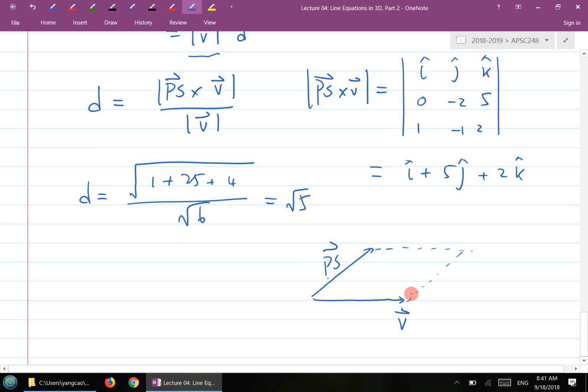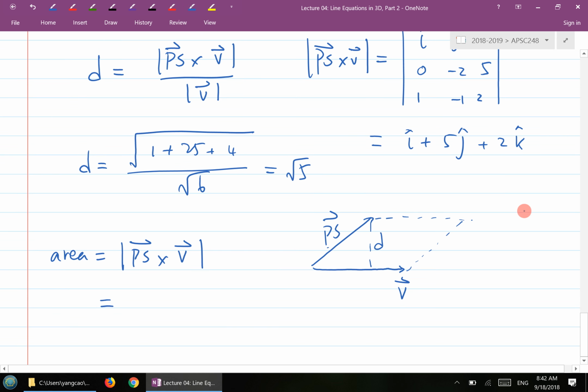Can anybody tell me what the area of this parallelogram is? PS cross V. Excellent. That's what we learned in the previous lecture, the area of the parallelogram. If I resort back to the basic formula for a parallelogram, the same area also equals the base length times what?